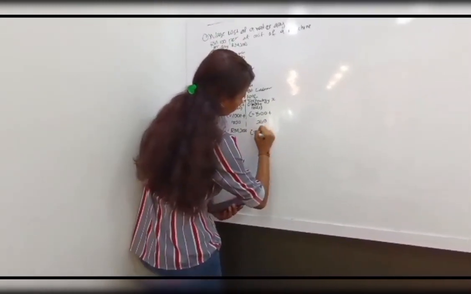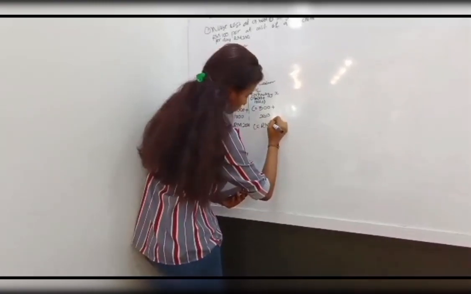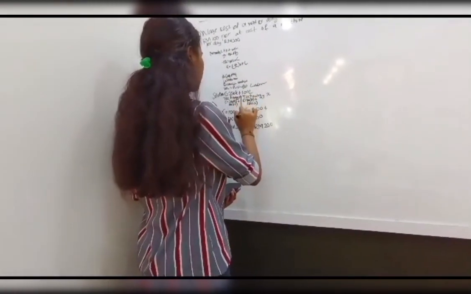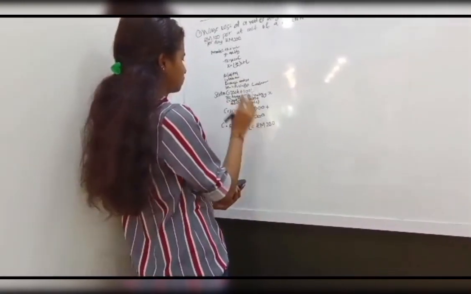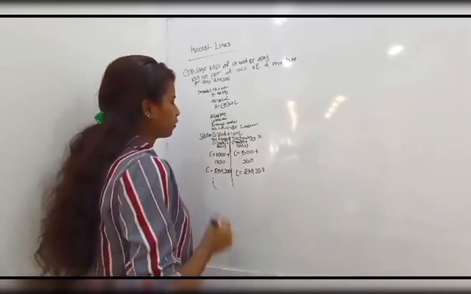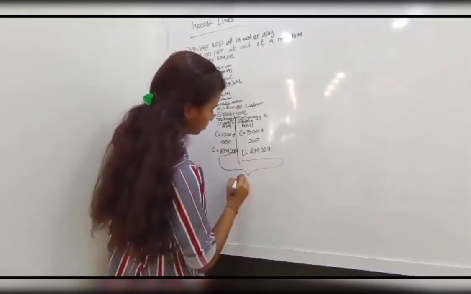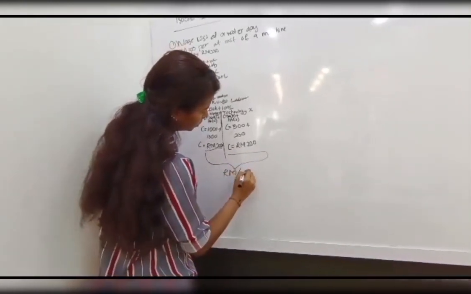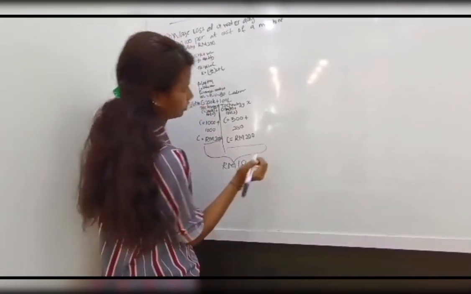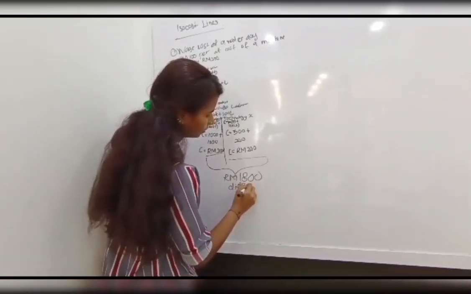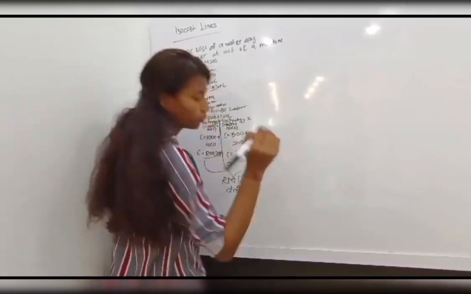So the capital for here also 200. So it's different. Okay, the differences from two costs, which is RM 1800. So now we can do the graph.